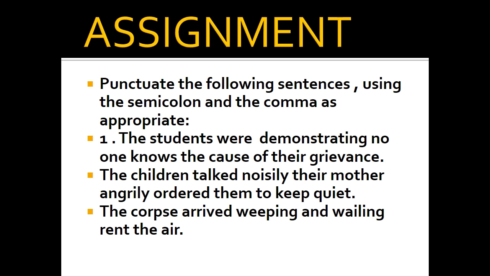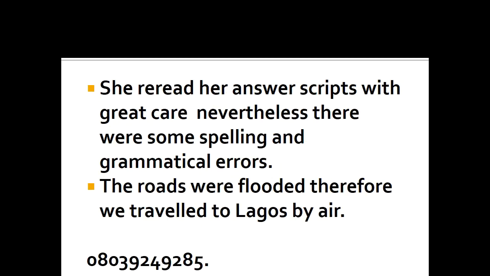Thirdly, the cops arrived. Weeping and wailing rent the air. She reread her answer scripts with great care. Nevertheless, there were some spelling and grammatical errors. The roads were flooded, therefore, we traveled to Lagos by air.